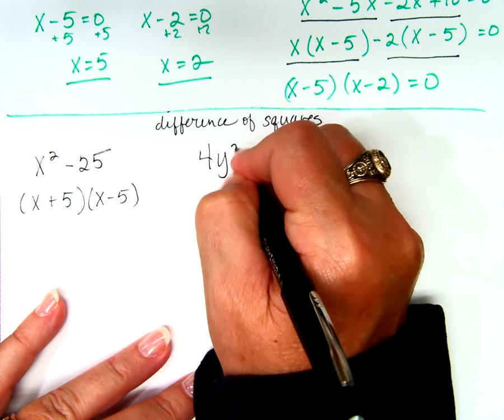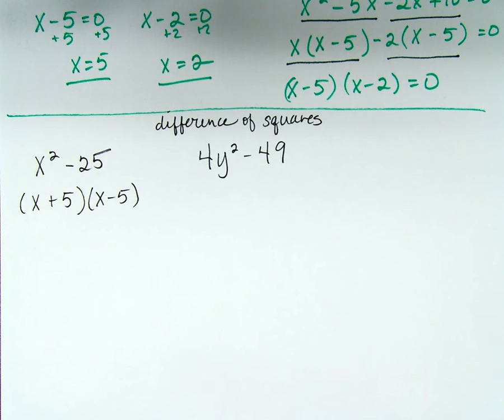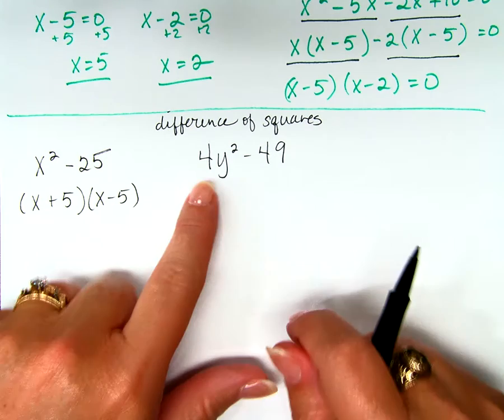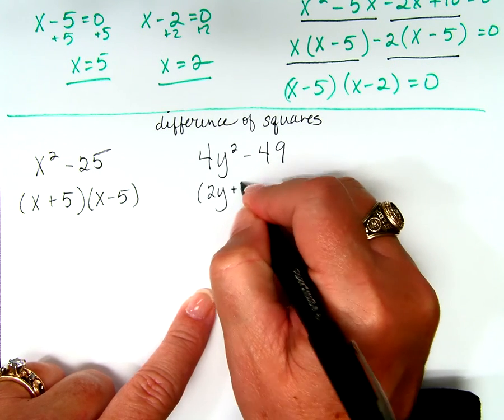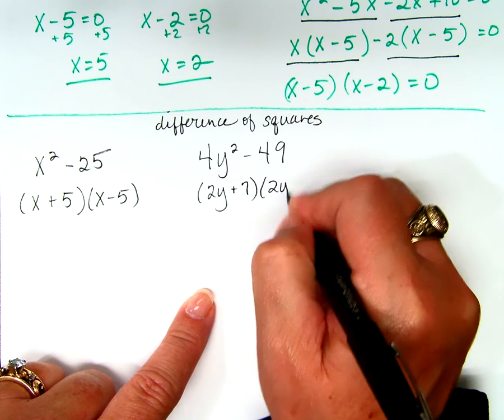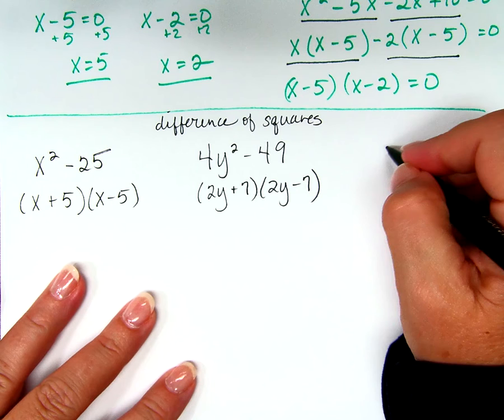What about 4y squared minus 49? Is that the difference of squares? Yes, that's a squared term, that's a squared term. So I get 2y plus 7, 2y minus 7. Everybody okay with that? What about this one?